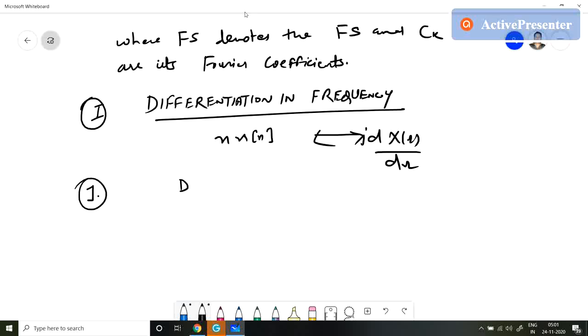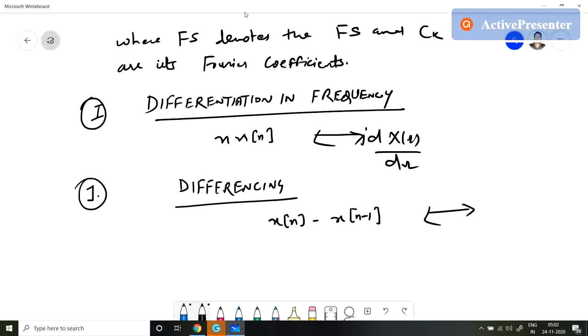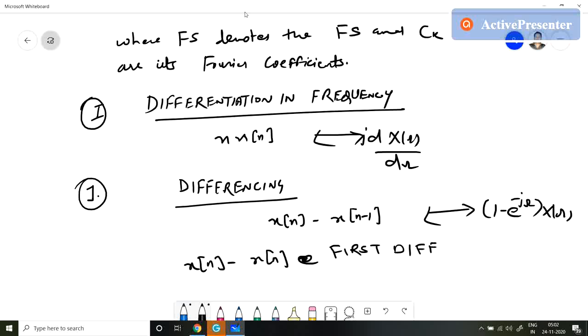Another property is called differencing. So for x[n] minus x[n minus 1], the transform is 1 minus e raised to the power minus j ohm, into X(ohm). This is called the differencing property. This x[n] minus x[n minus 1] is basically called the first difference sequence.